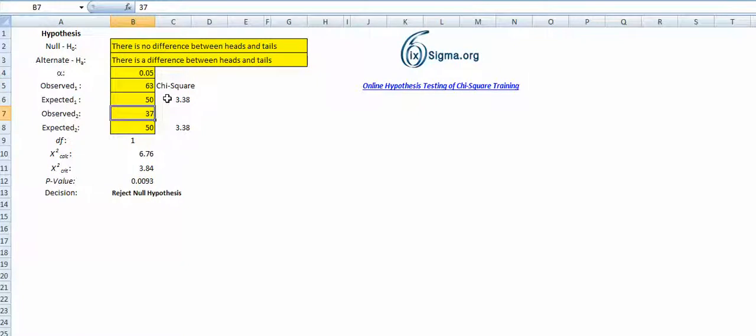And if that were the result, the conclusion is we would reject the null hypothesis. Now remember what the null says. The null says there's no difference between the results between heads and tails, and we're saying we need to reject that. So there's sufficient evidence here that the results are not due to random chance, but in fact that the coin is biased somehow. So that is the chi-square goodness of fit test.